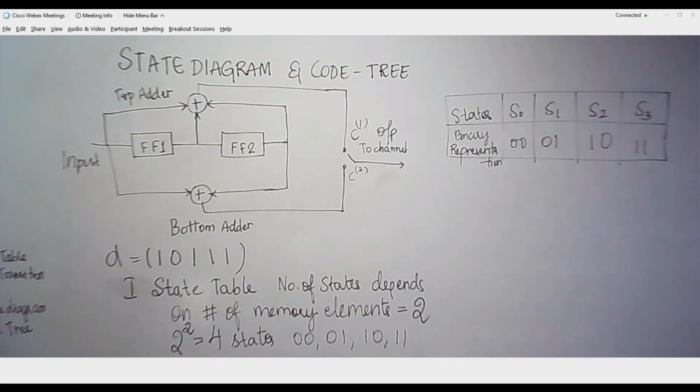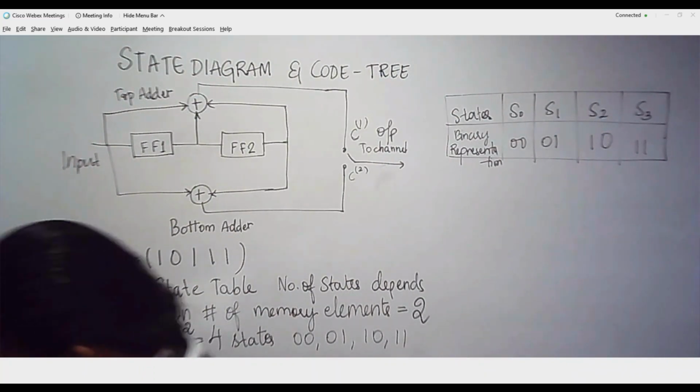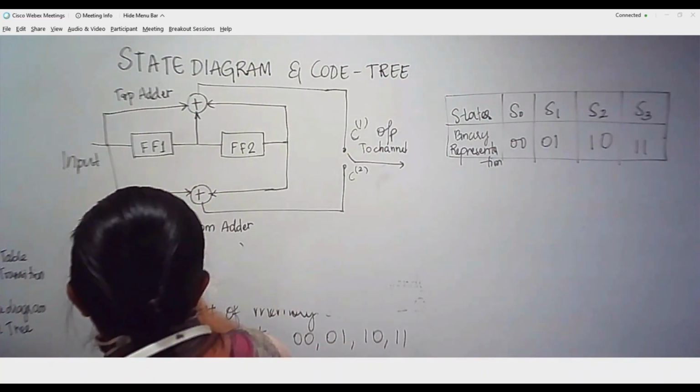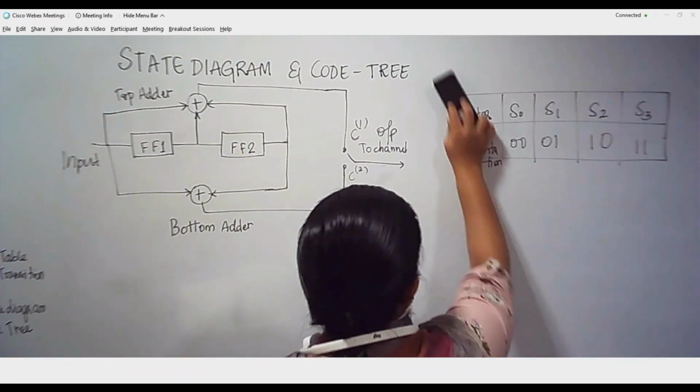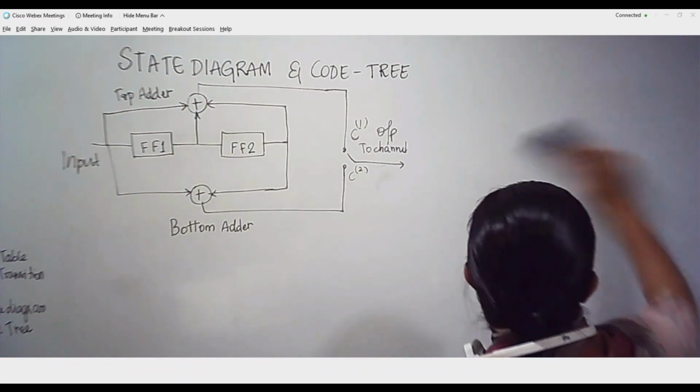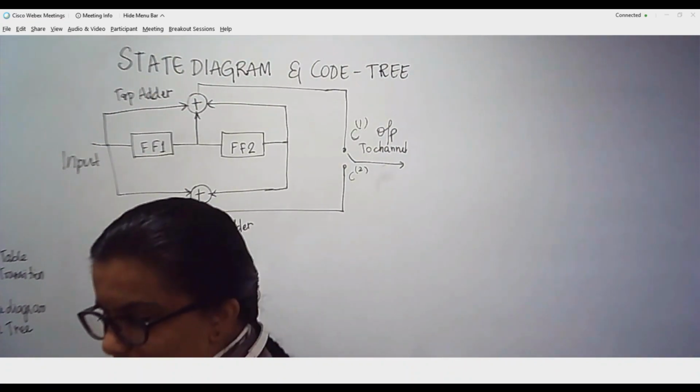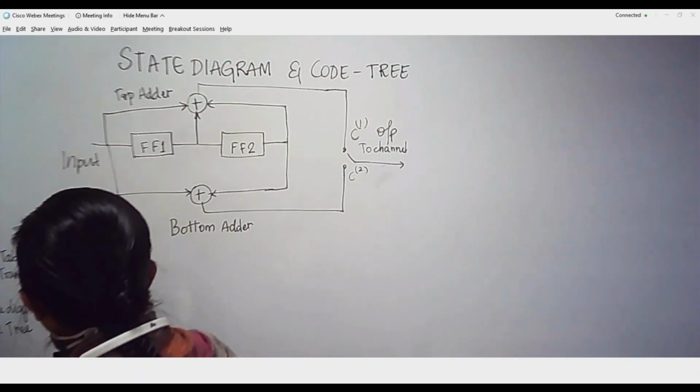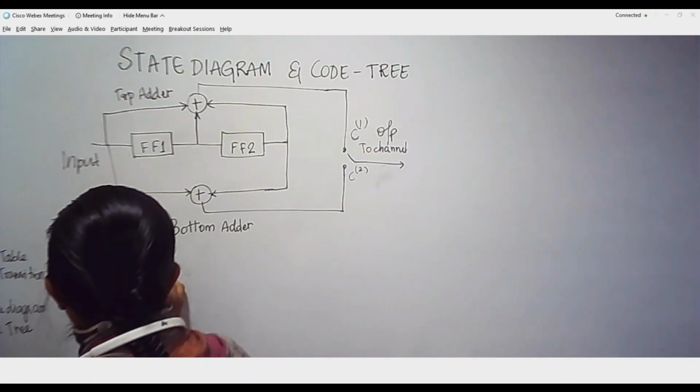Now we will go to the second part of your problem, which is the state transition table. Please make a note of this. I am going to erase this one because I need more space over here. We are going to discuss the state transition table.